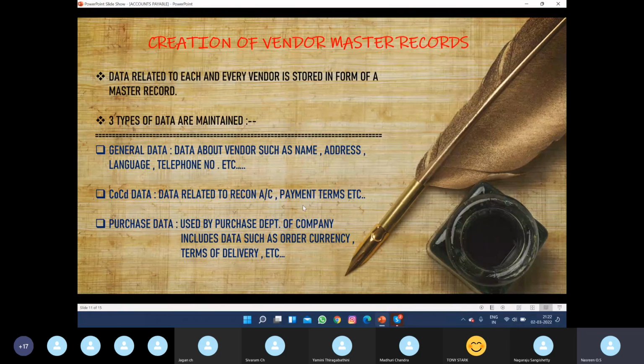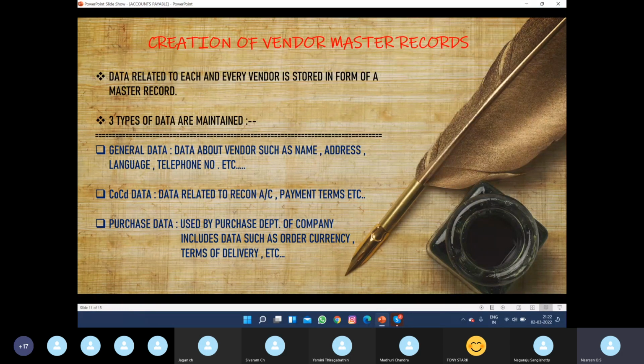Payment terms. What is payment terms? Payment terms is nothing but the dates or the time that we have been given to make our payment to those vendors. Let's say we have transacted with our vendor, XYZ company.